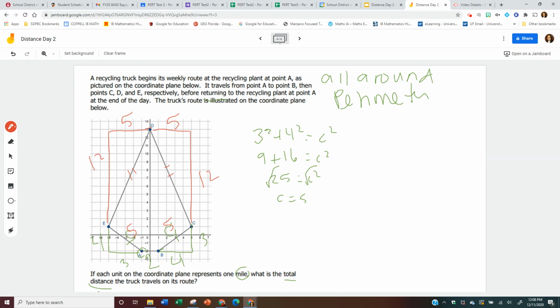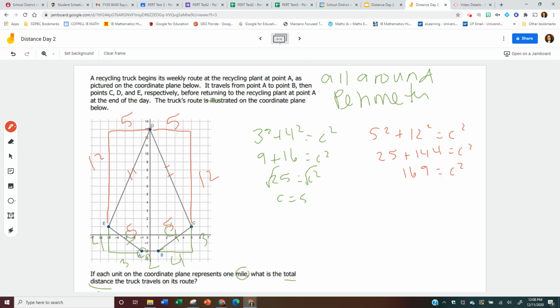Right, so I only have to do this once. So remember that the side that you're looking for is always C, so I have 5 squared plus 12 squared is equal to C squared. 5 squared is 25, 12 squared is 144. Add them together and I get 169.